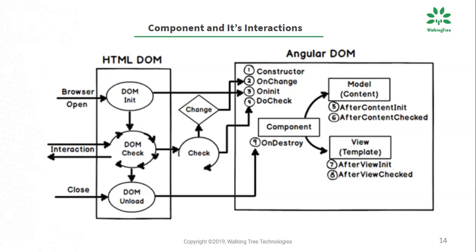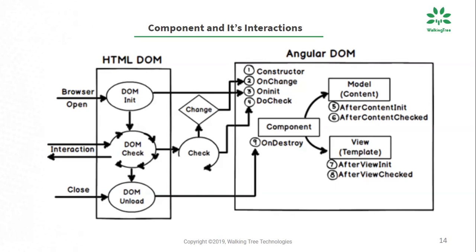After do check, it immediately goes to after content init, meaning whatever the content part is, it is going to initialize. The compiler will compile those things, and after content checked, the child components' on init will be triggered.